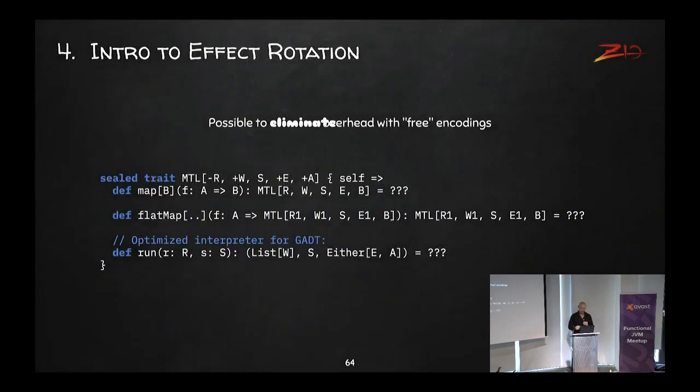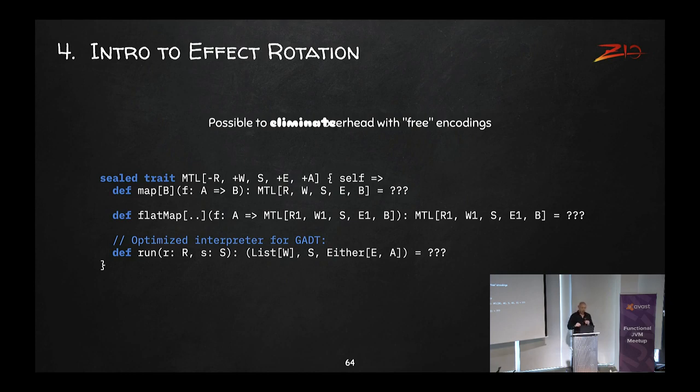But even with this God monad, it turns out to be possible to eliminate happy path overhead. And I'm not talking about reducing it like that run function in the ReaderT data type. I'm talking about eliminating it. And how we do that is we build our own free monad-like construction.